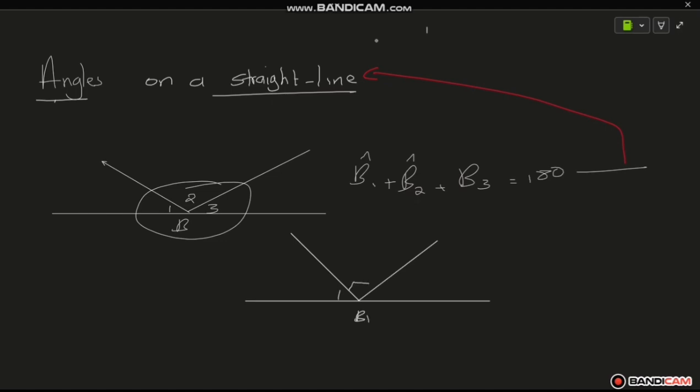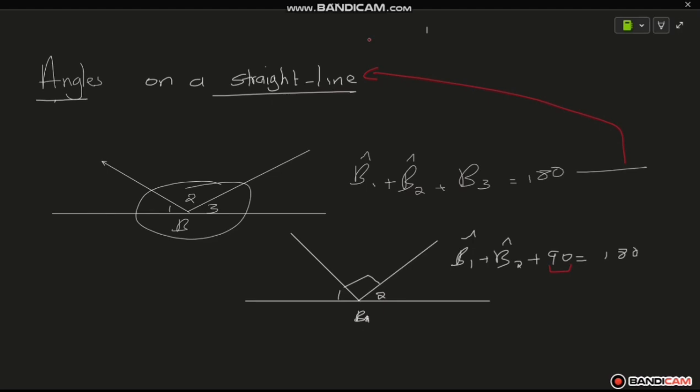Let's say we have B1 here, then we have 90 here. Let me just fix my right angle. So this is the right angle, which is 90, and B2. When you solve these things, you'll write angle B1 plus 90 plus angle B2 equals 180, because they're on a straight line.